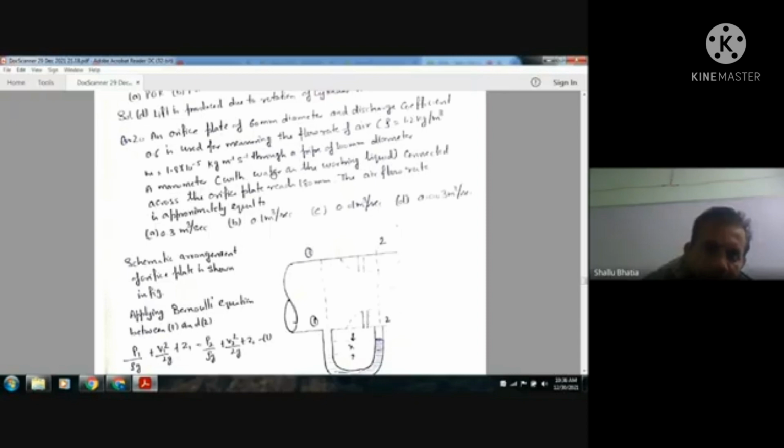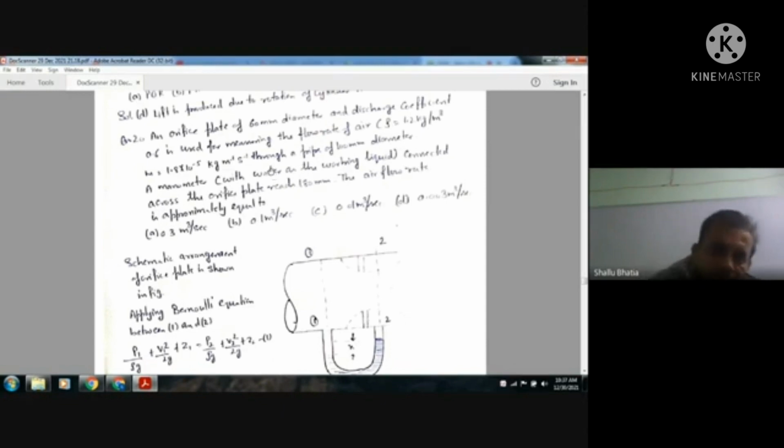A manometer with water as working fluid connected across the orifice plate reads 180 mm. The air flow rate is approximately equal to A, 0.3 meter cube per second, B, 0.1 meter cube per second, C, 0.01 meter cube per second, D, 0.003 meter cube per second.